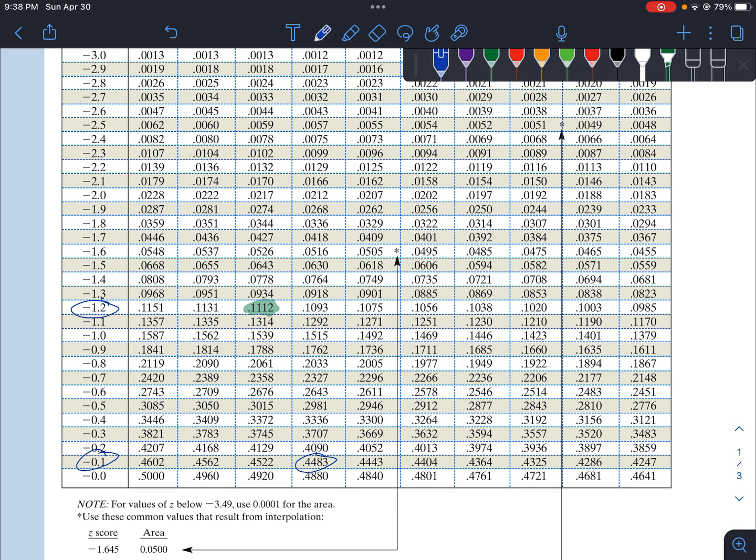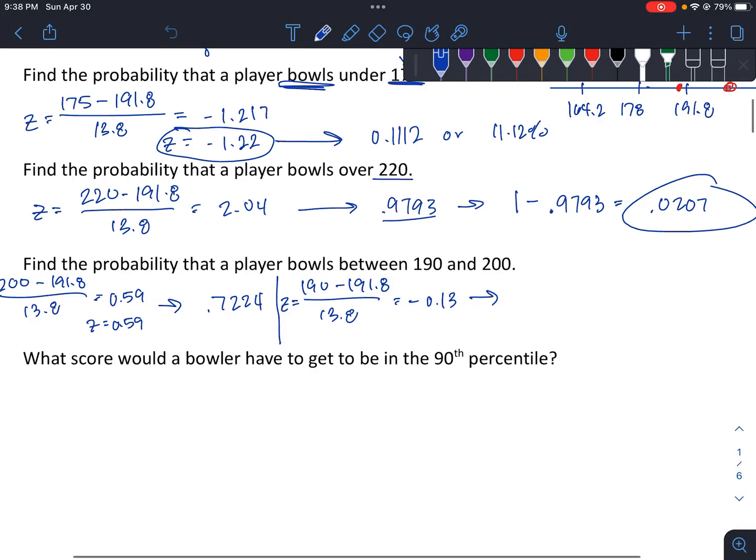So the area is 0.4483. So these are the two areas that we have.